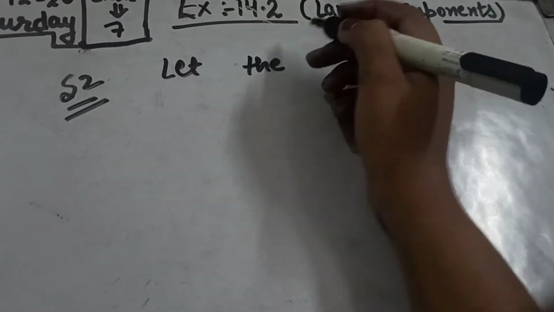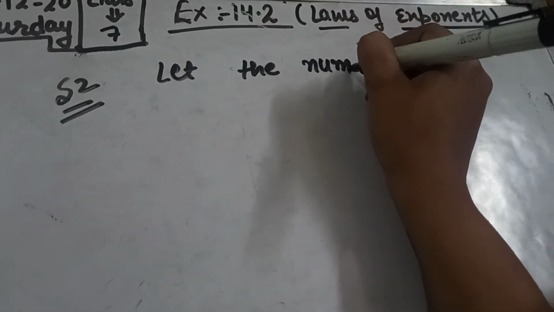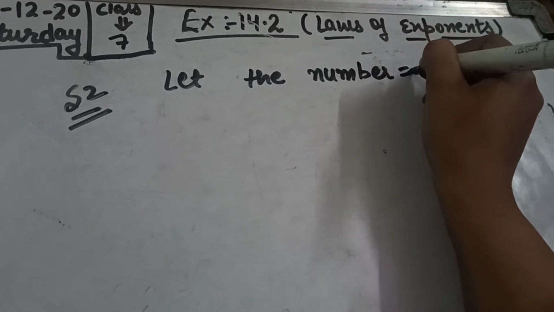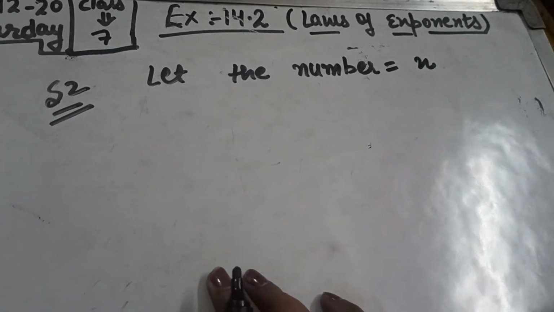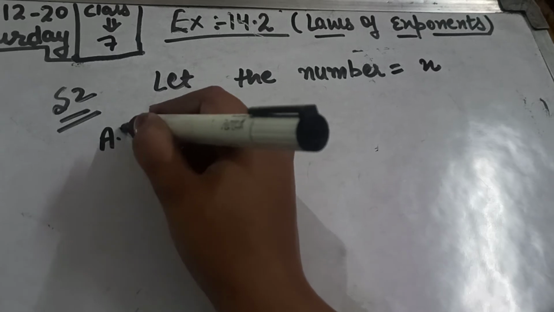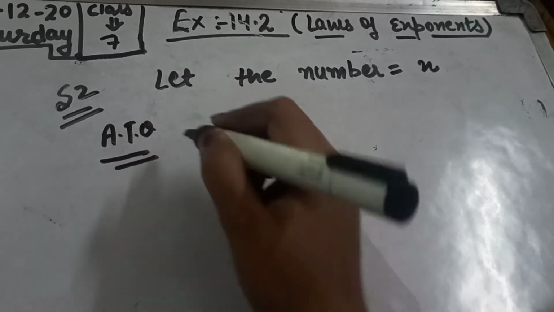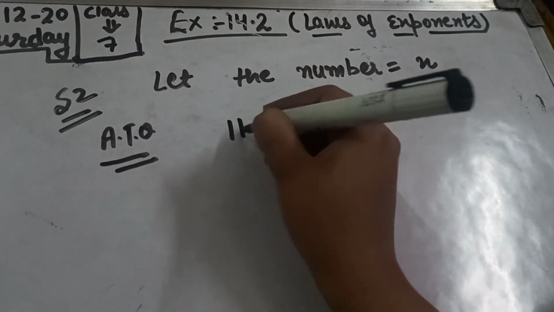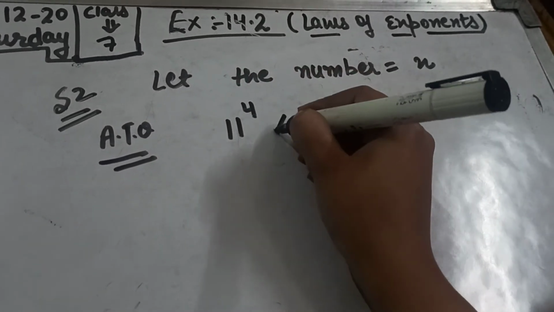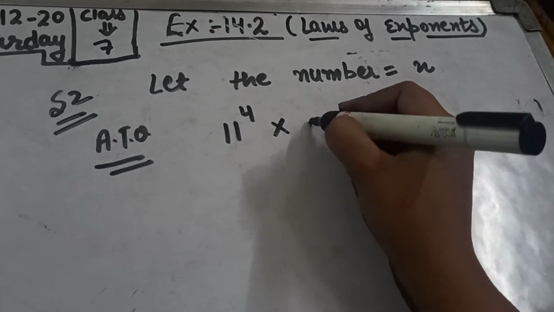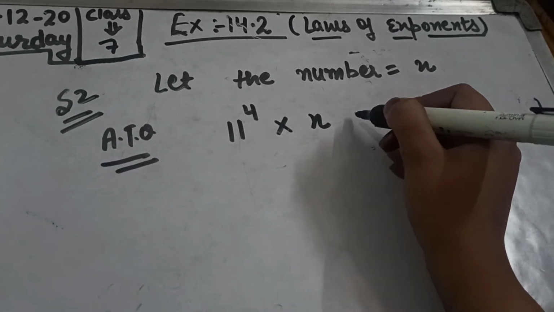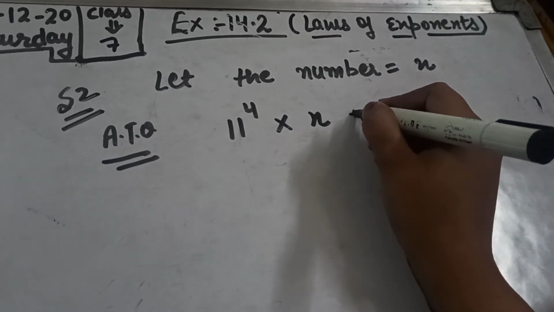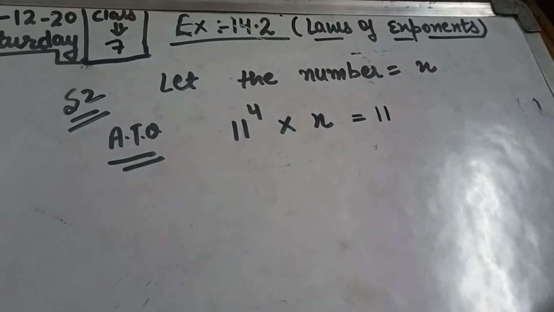Let the number equal to x. Next, according to the question, what number should be multiplied, means we have to multiply in this. What number equals to x to get the result as equals to 11 to the power 8.